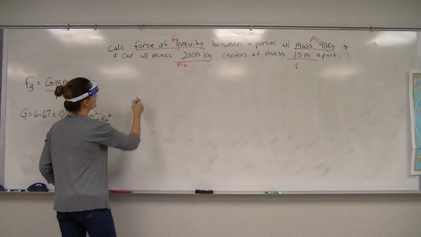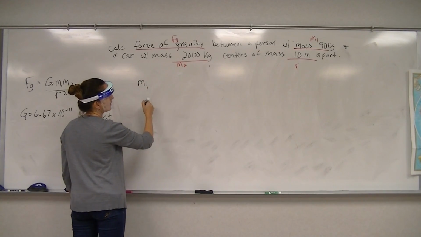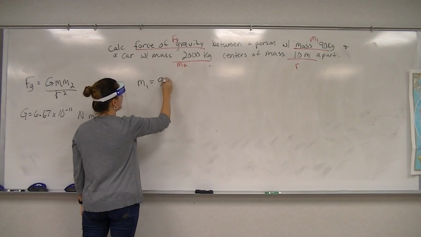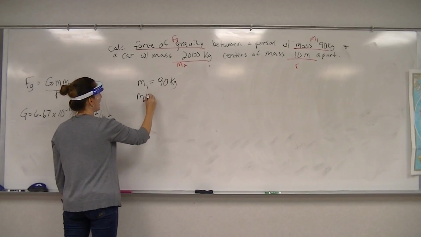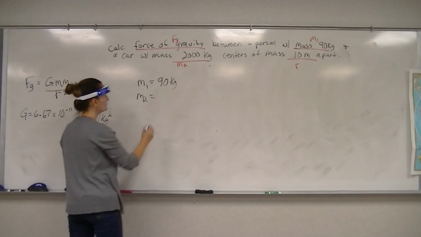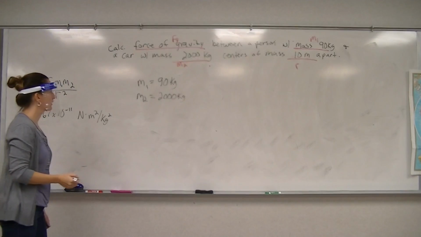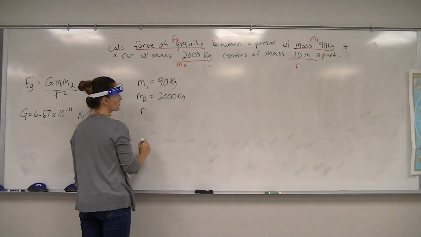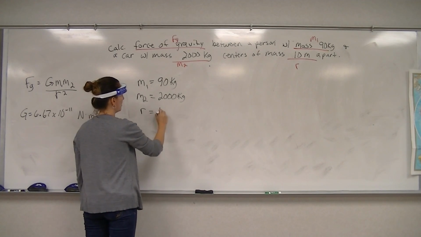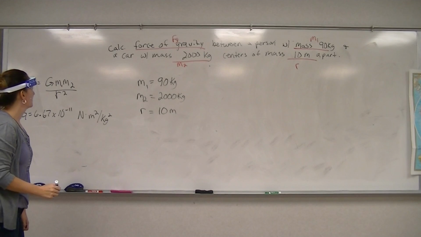So let's write these knowns and unknowns in a list, kind of keep track of them better. I have my M1, I said was the person, 90 kilograms. I have my M2, the mass of the second object, the car. And then I have my radius, so the distance between those two objects, 10 meters.